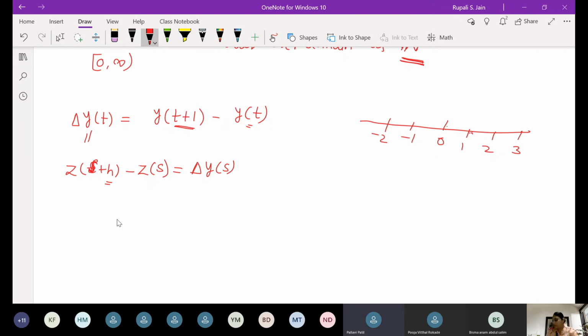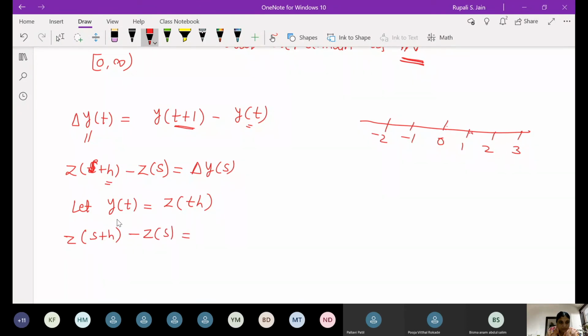Yes, ma'am. So if I want to show that the two are equal, let y at t be equal to z at th. If I substitute this, then what will be z at s plus h minus z at s?